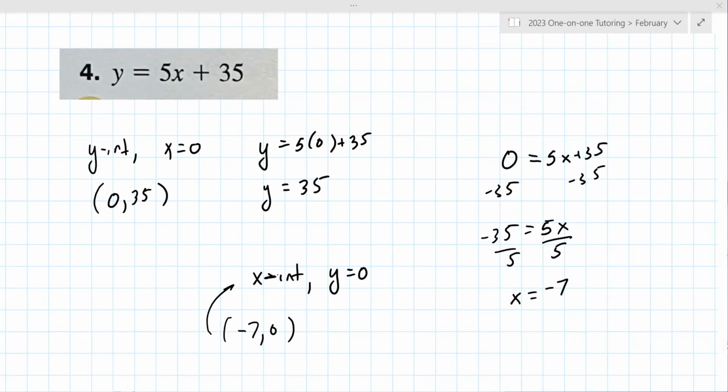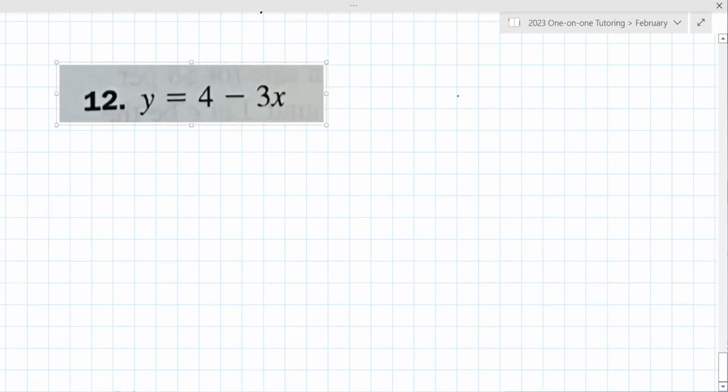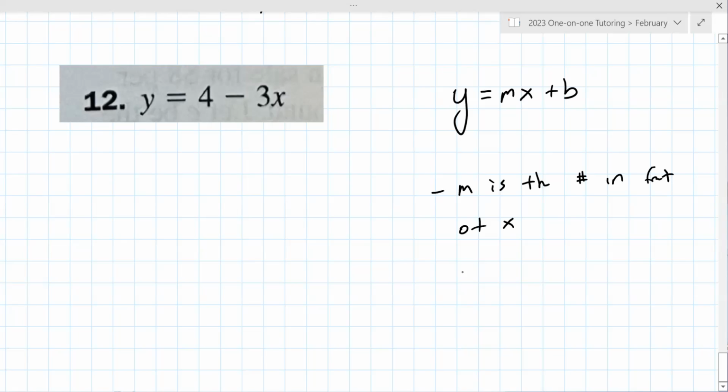Okay, so 12 is a bit deceptive here. They want you to find the slope and the y-intercept. So at some point in this section, you learned about y equals mx plus b. m is the number in front of x. Okay, that's one way to think of it. b is the other number. Now, unfortunately, with your problem, it's not written in the right form. This negative goes with the 3, so it's minus 3x.